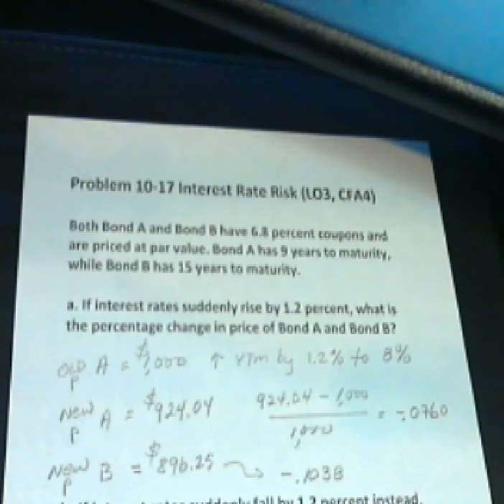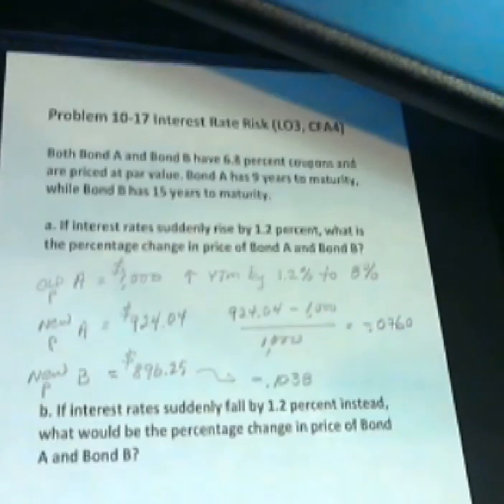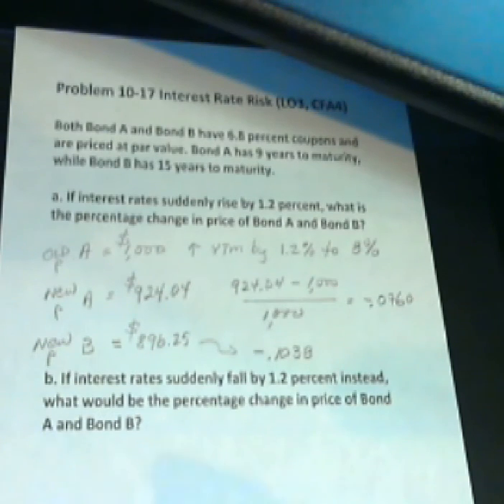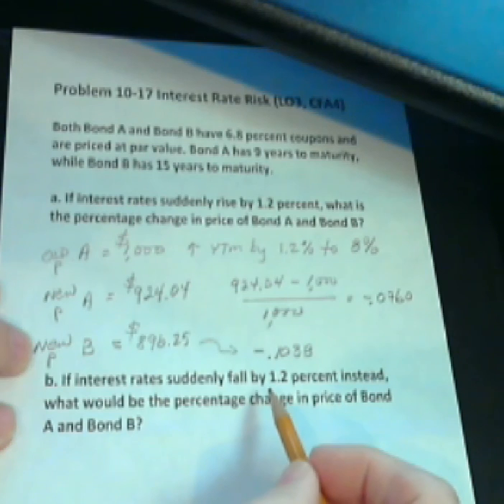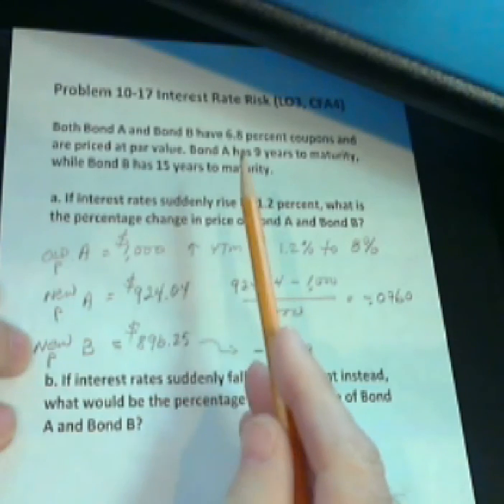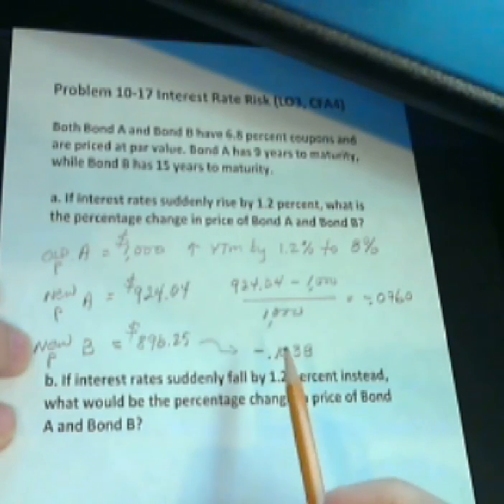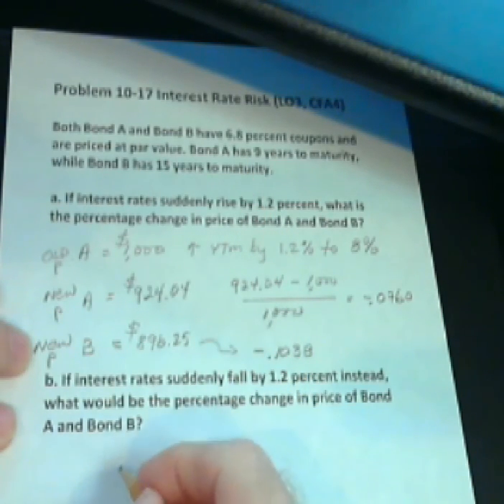Try this as an experiment yourself, or you'll be asked this, but let me give you a couple of check figures here. If the interest rates fall by 1.2%, now the yield to maturity is 5.6%. It fell from 6.8 by 1.2 down to 5.6.